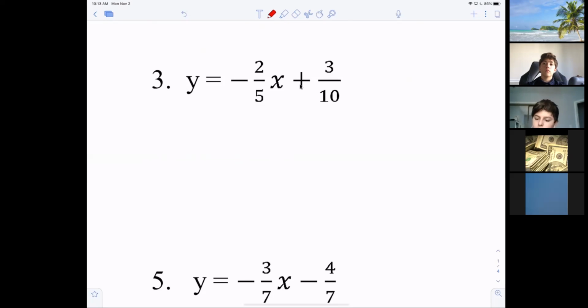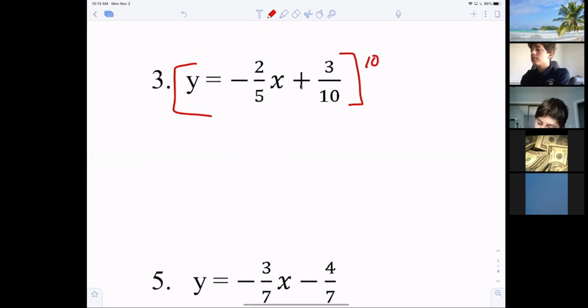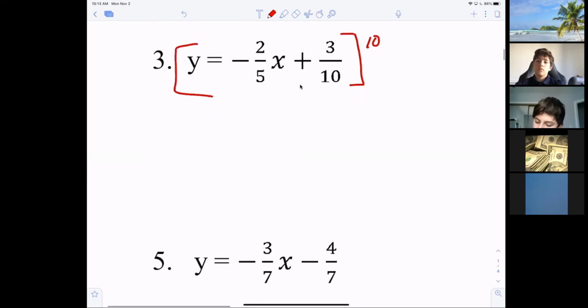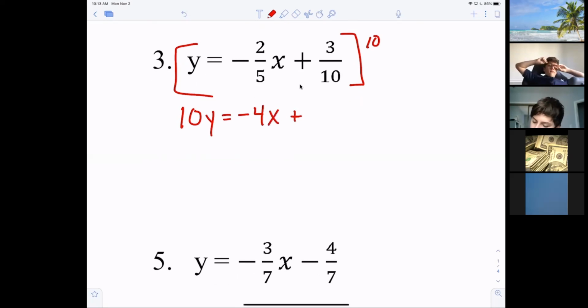So again, everybody's going to put a bracket and put a 10. And now, when you distribute the 10, you get 10y equals negative 4x plus 3.